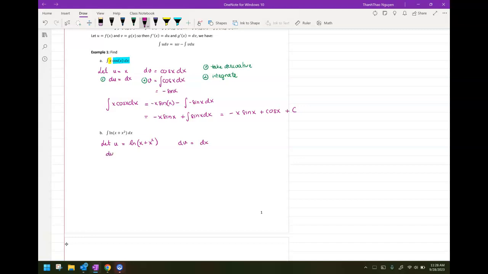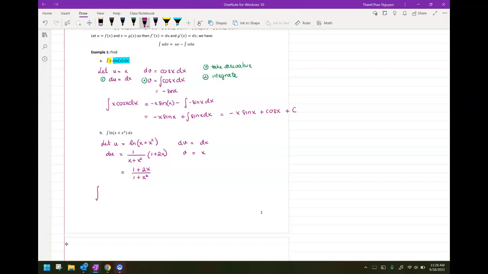So then du equals 1 divided by x plus x squared times 1 plus 2x. Simplifying this, du equals 1 plus 2x over x plus x squared. dv equals dx, which means v equals x.